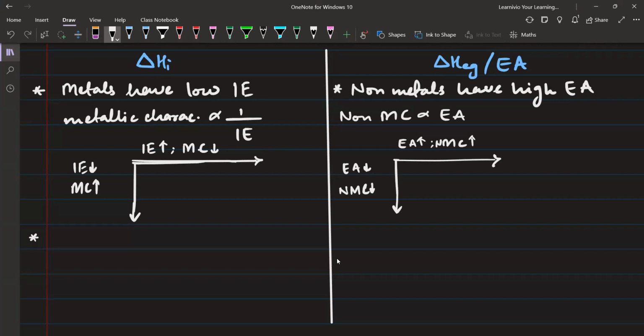Now, then you write elements with low ionization enthalpy form basic oxide.